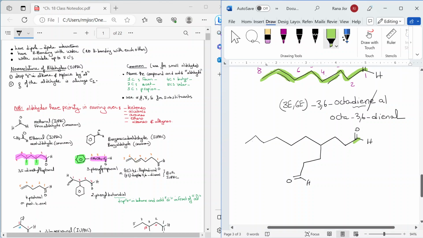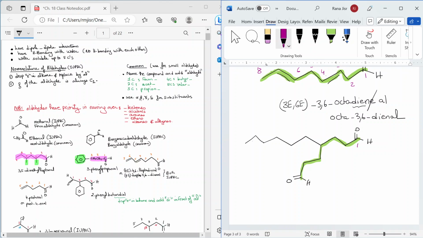So always make sure that your longest carbon chain includes both aldehydes, even though your chain is a shorter chain than the longest chain actually. So over here, this is going to be 1, 2, 3, 4, 5, 6, and 7. If I go this way, it's going to be 1, 2, 3, 4, 5, 6, 7, 8, 9, and 10. So go with the chain that includes both aldehydes in there.